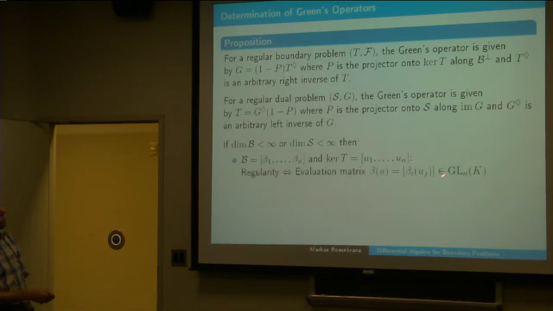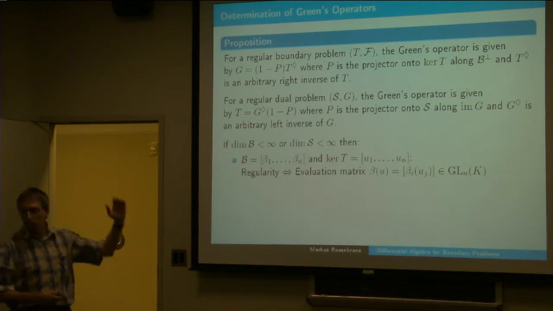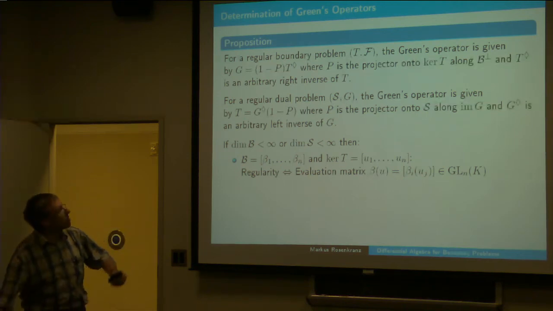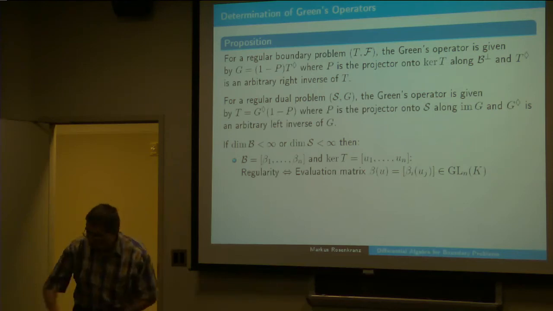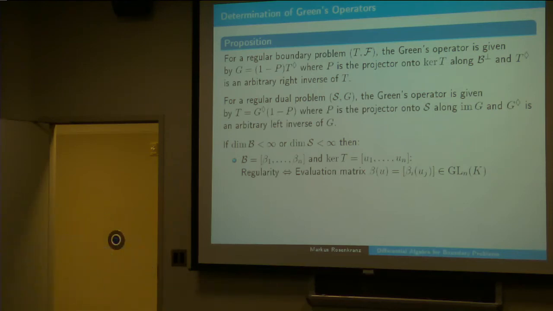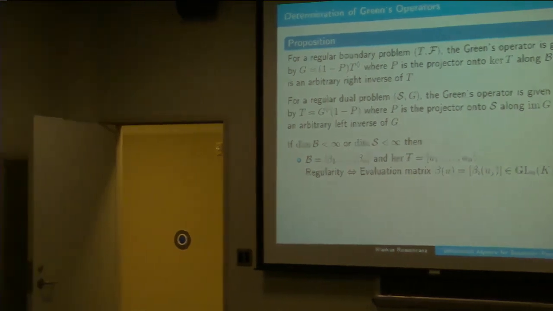Then what you do is you form the so-called evaluation matrix. Okay? There's a big matrix whose rows are labeled by boundary conditions. Okay? So here is beta 1, etc. And the last row is beta n. And here in the columns you write the fundamental solution, and then in each entry you use the ith boundary condition and evaluate it on the jth fundamental solution.